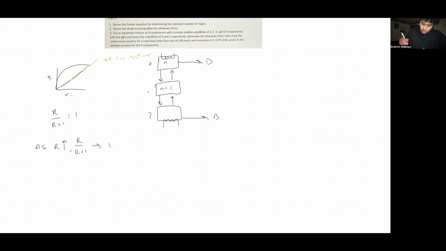It doesn't equal 1, but approaches 1. We also want to say that this reflux is equal to our liquid at stage 0 over our distillate, and we essentially don't want any distillate anymore. So when this goes up, this is going to go down. We are essentially saying no distillate, right?